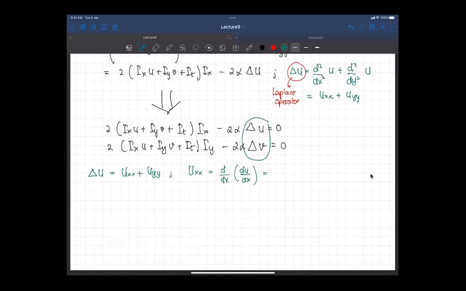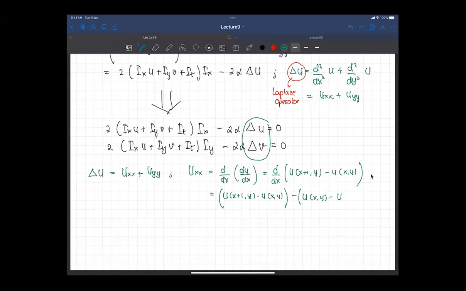So if you look at the discrete version, d/dx u is u(x+1, y) minus u(x, y). Correct? That's the discrete definition. And if you combine this, it means u(x+1, y) minus u(x, y), minus u(x, y) minus u(x-1, y). Agree with me?